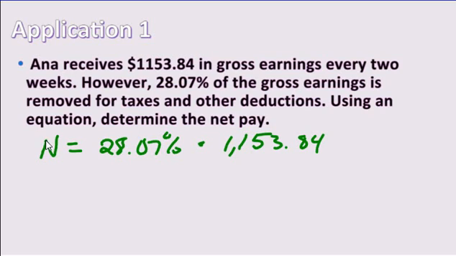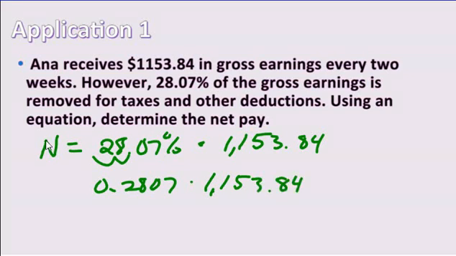So now the 28.07, it's a decimal, but that's a percent. So I need to divide this by 100 to make it my decimal. So it'd really be 0.2807 times 1,153.84.